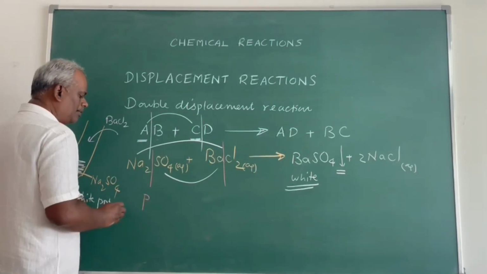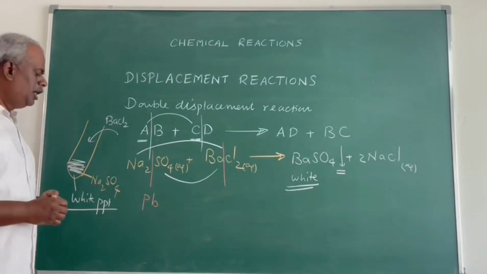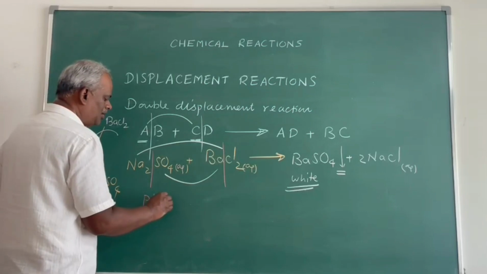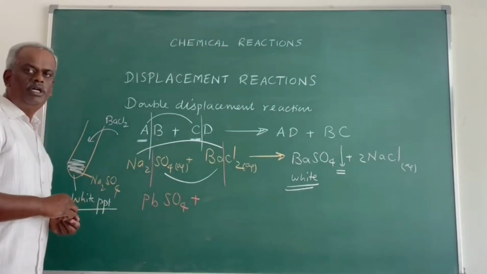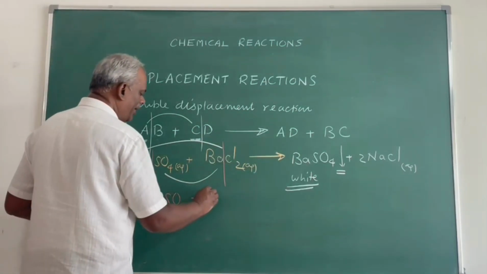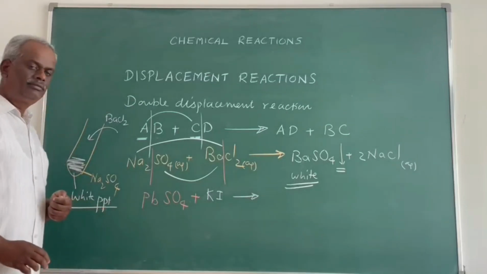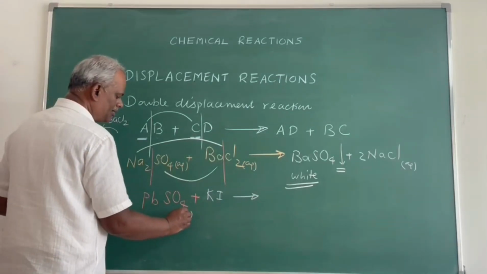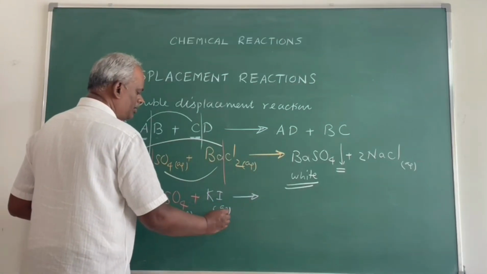And otherwise we can take another example. Take a little amount of lead salt, namely lead sulfate, on treatment with potassium iodide, KI. What is happening? It is a solid substance, it is aqueous, and this is also aqueous.